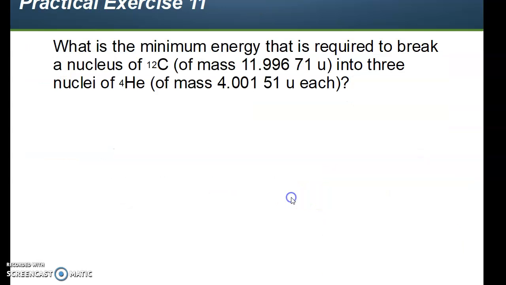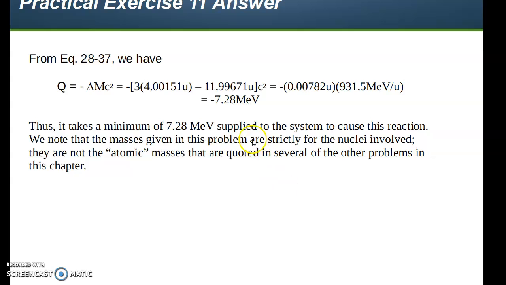Okay? So what's the minimum energy required to break a nucleus of a carbon-12 atom into 3 nuclei of helium-4 atoms each? So we have Q equals Δm c squared, right?